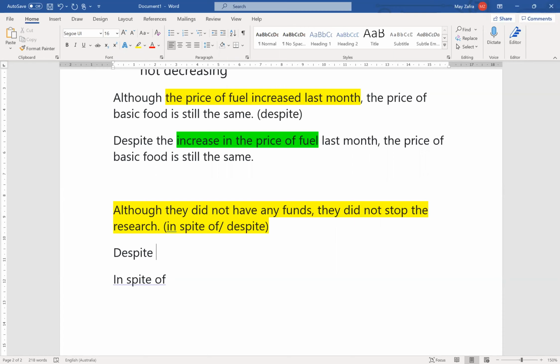Oh, okay. So we need a noun. How about no more? No, it's an adjective. You need to have a noun.